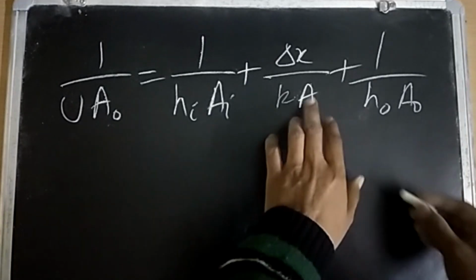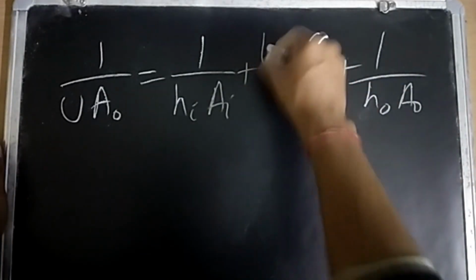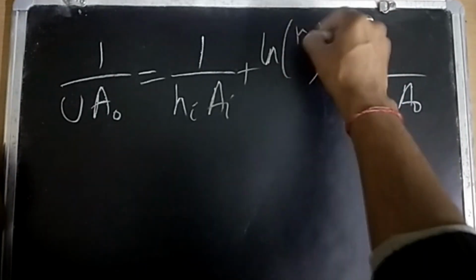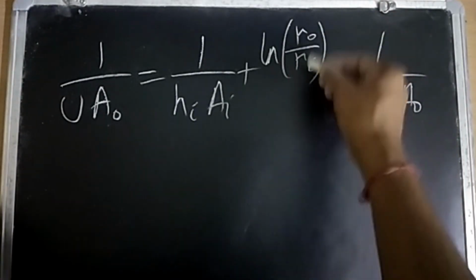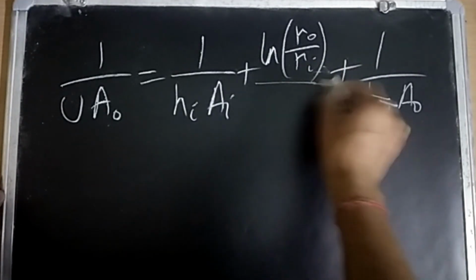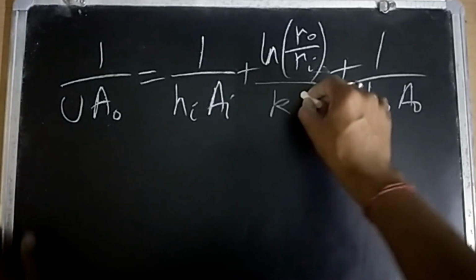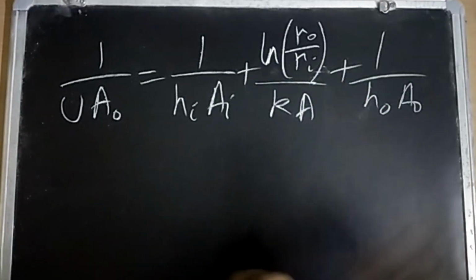If it is not a wall, don't worry, we just need to write the ln term, ln of Ro by Ri, outer by inner. Why? Because we want this ln term to be positive. That is a way to remember it. Outer by inner, ln, and underneath that the same thing, kA.